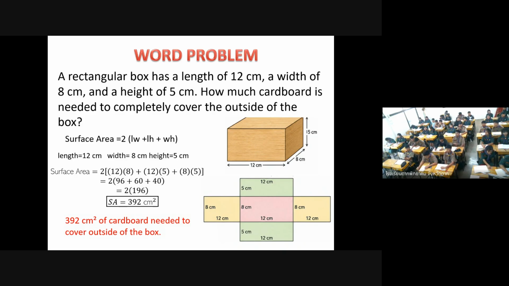We have 392 square centimeters of cardboard needed to cover the outside of the box. That's it. Remember, always complete your answer. Understand?